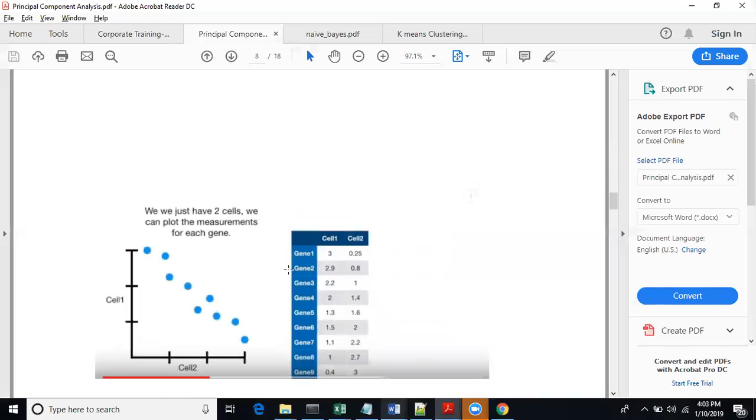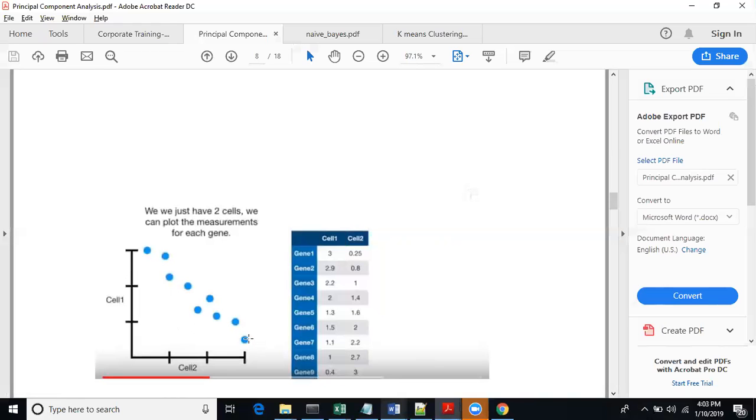What I wanted to tell you is, let's say there are two cells like this, two columns. The algorithm will take the correlations. This plot between these two is negatively correlated. So when cell 1 increases, cell 2 decreases, right?